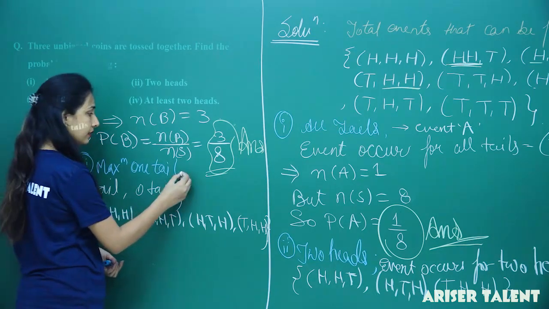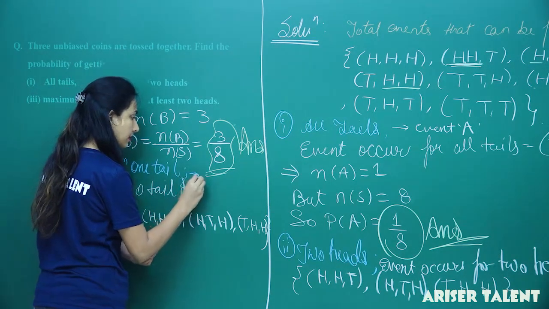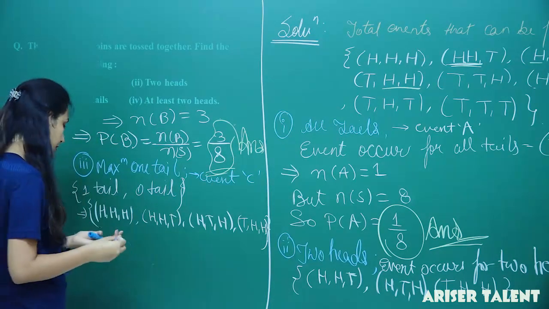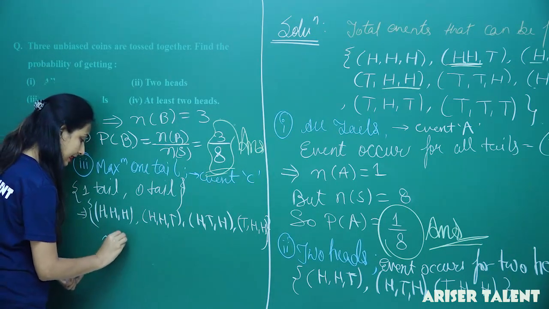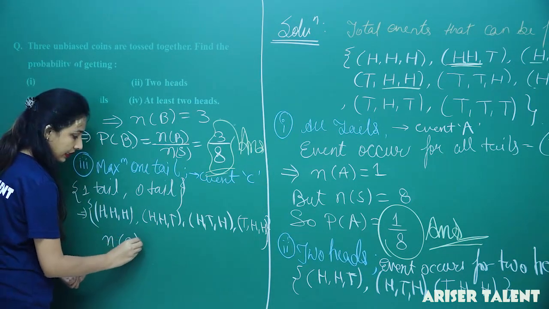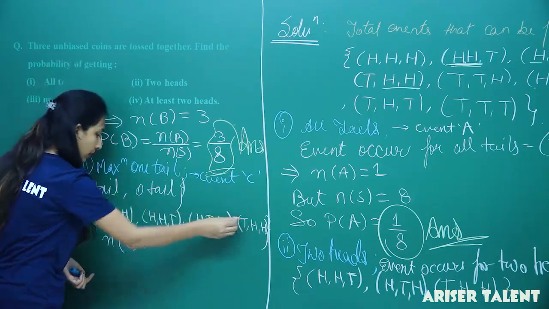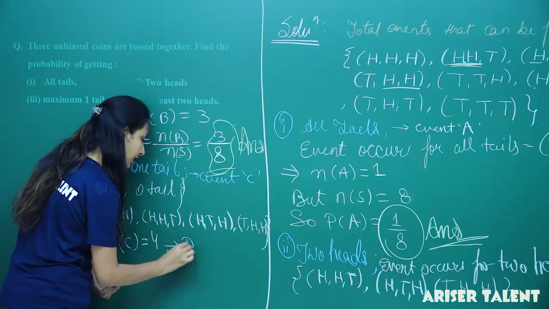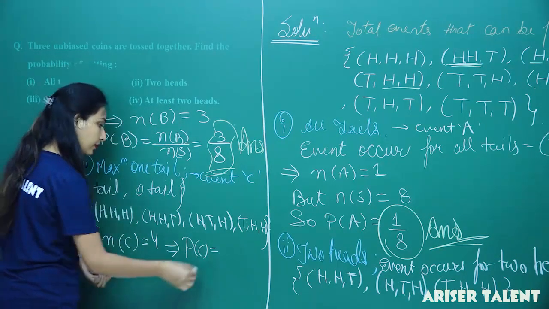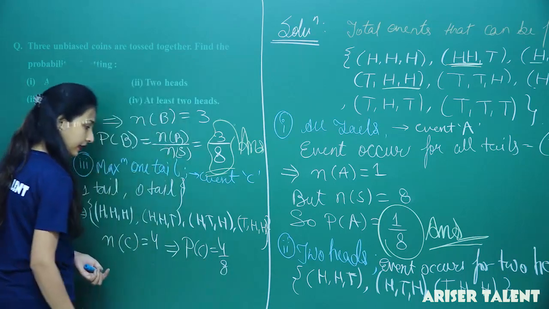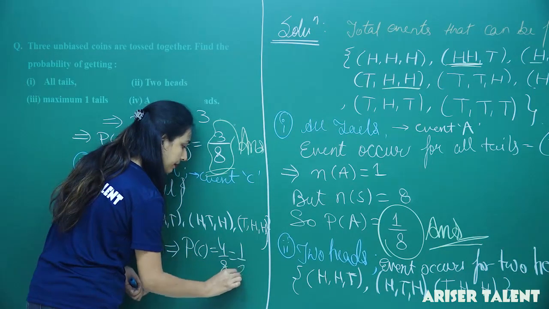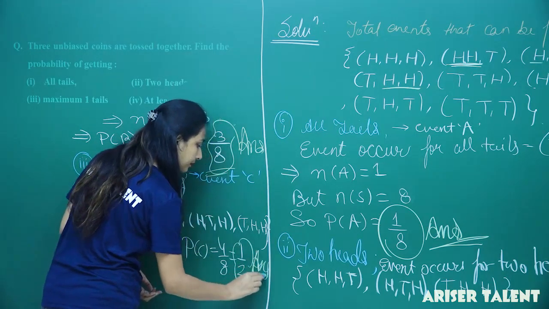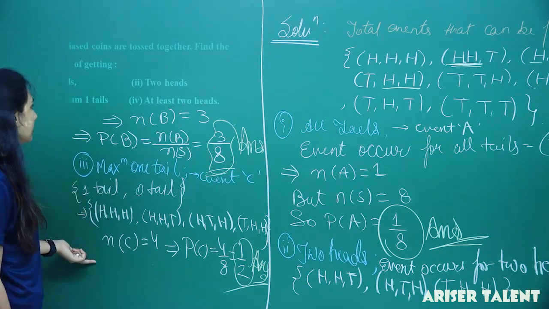If this is event C, then n(C) equals 1, 2, 3 and 4. So P(C) equals 4 by 8, that is 1 by 2, and this is our answer, students. This is the third one.